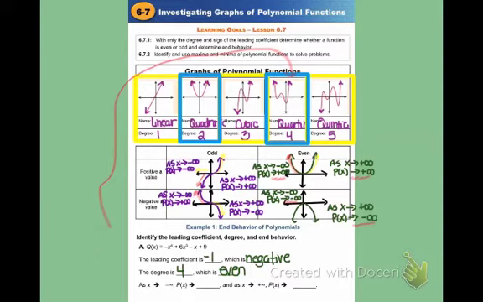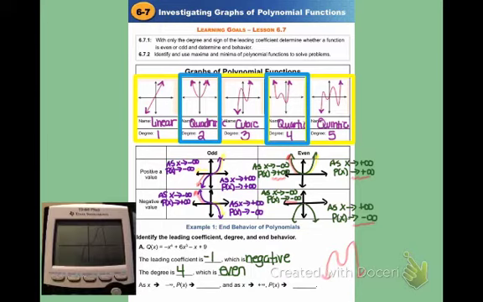So it would maybe be something like this. I could graph it in the graphing calculator to see, but this is sort of going to be the trend. Both of the ends are going to face down. But to be certain, we could actually put it in the graphing calculator, and so I'll see what that looks like in just a minute. Okay, so this is what it actually looks like.